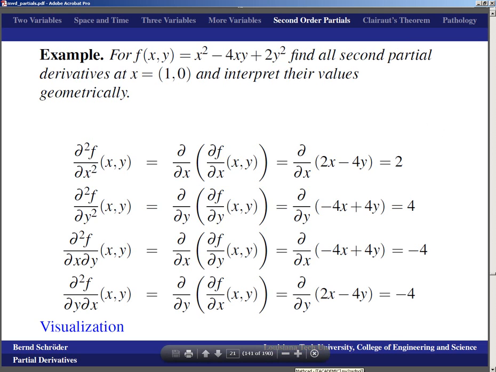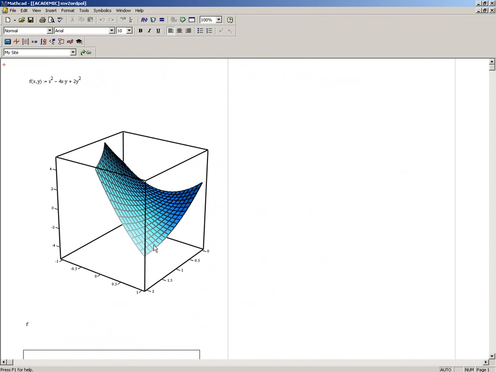If we want to look at that, well, second partial derivatives, if we're looking at what we have here, then the second partial derivative in the x direction tells us a little bit about concavity in the x direction. And it looks like the function is concave up in the x direction, and so I hope that that will actually work out.